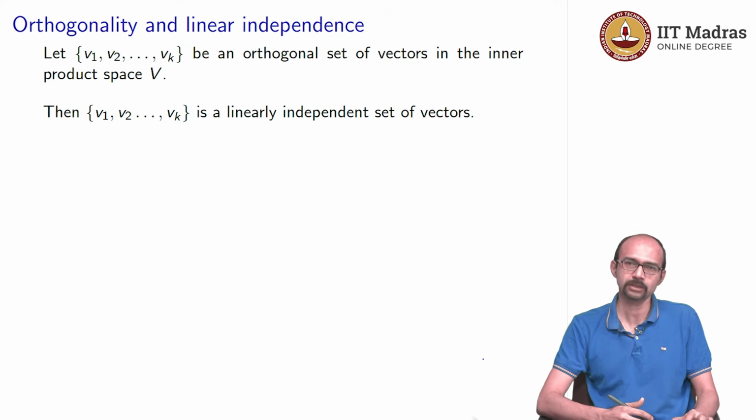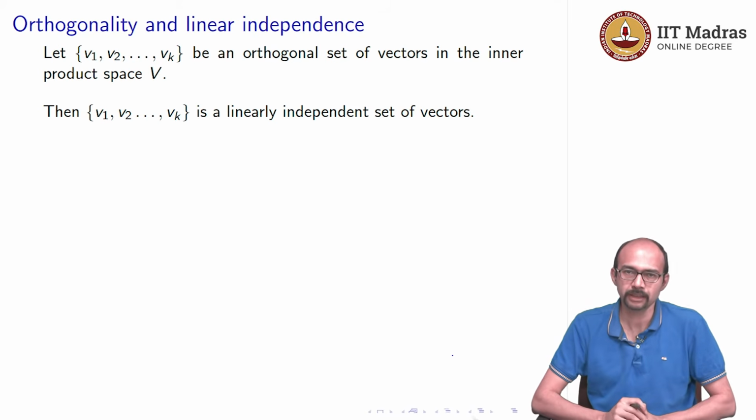So, that was a fairly non-trivial process. Instead, here we are saying that if V1, V2, ..., Vk are an orthogonal set of vectors, and notice that to check something is orthogonal is quite easy, you have to just check that the inner products are 0, which is a fairly mechanical process.